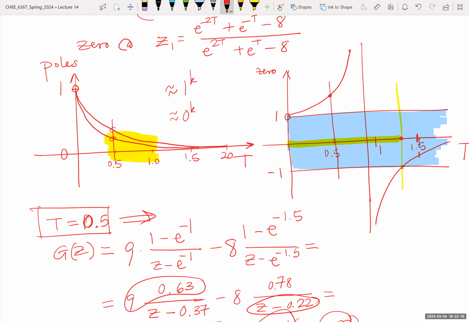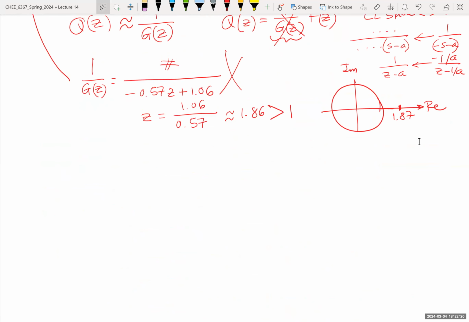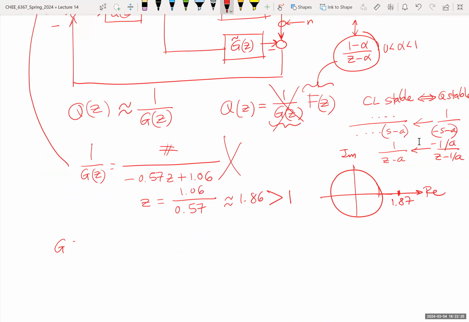Let's do this exercise together. What am I going to do now? What is our plan? We're going to see what is G of z for T equal to 1.5. We'll find G of z. It will be something. Well, it will be this plus that, which is going to be something.